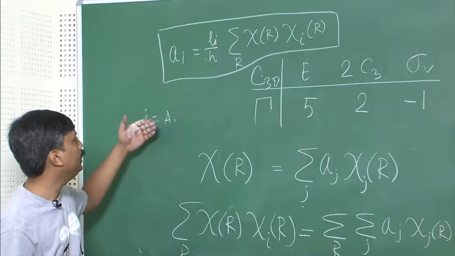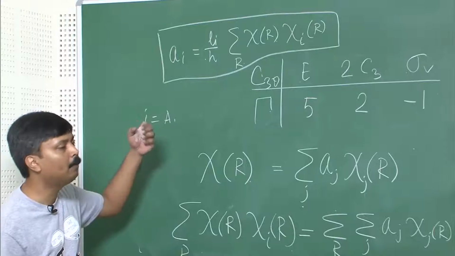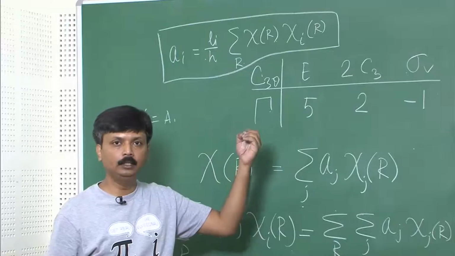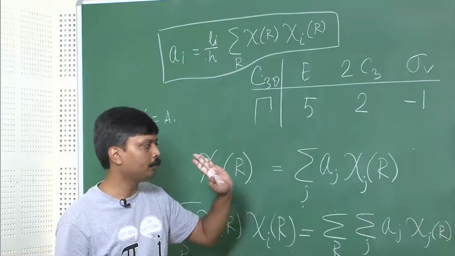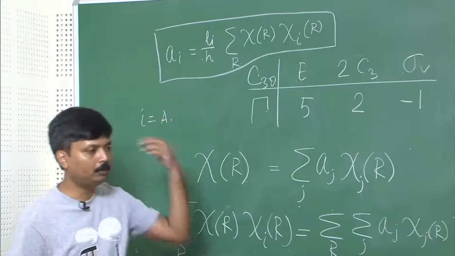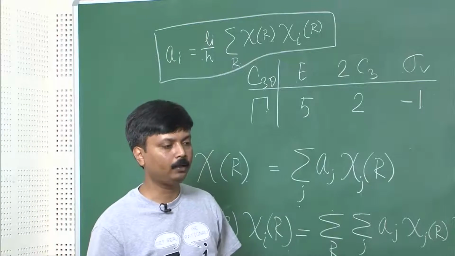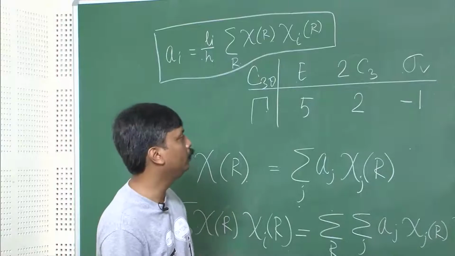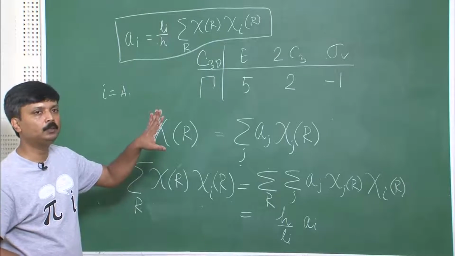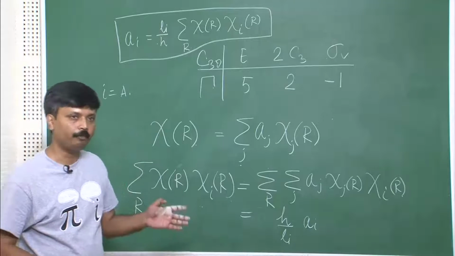Okay. Similarly, I can find what is the number of occurrence of A2 or E for this particular point group. So this relation we should try to remember. You can follow this method, you can derive yourself again, and try to remember this one, because this will be used very often.